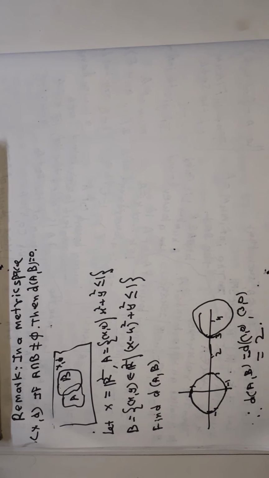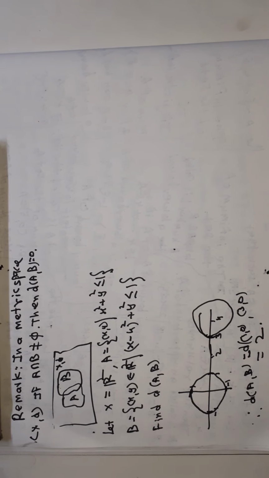Now here we can observe that set A is a circle and its interior. It is the set of (x, y) such that x squared plus y squared is less than or equal to 1, and the set B is the set of (x, y) belonging to R2 such that (x minus 4) squared plus y squared is less than or equal to 1.